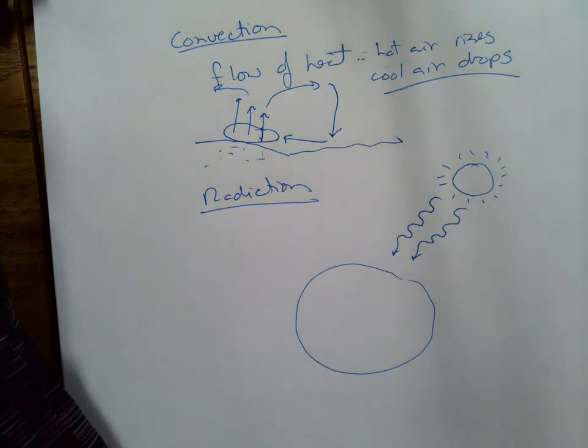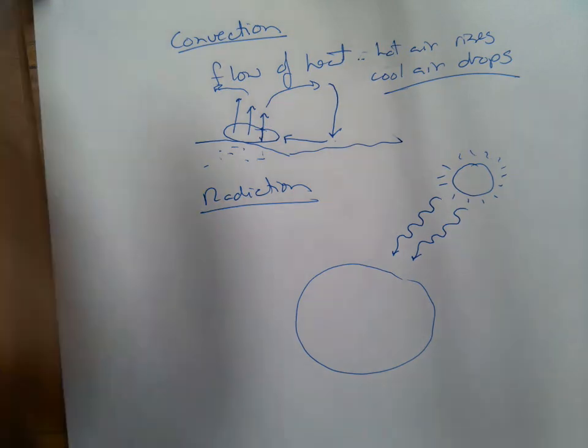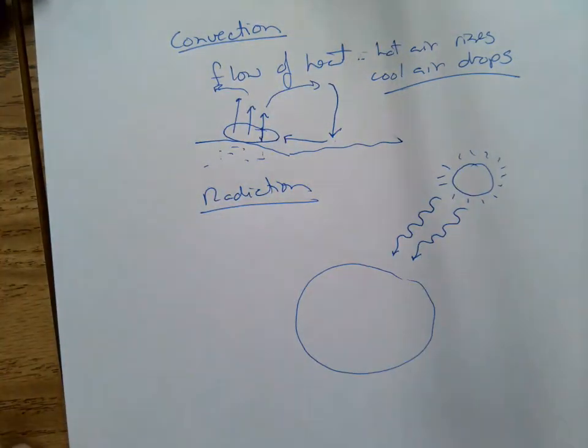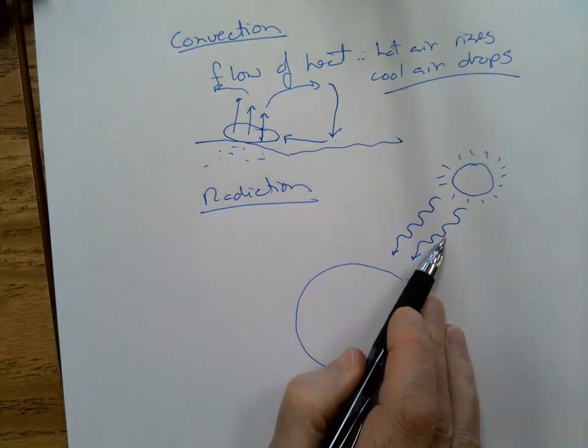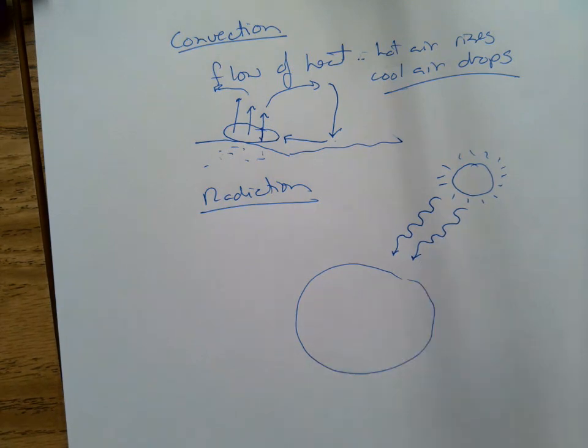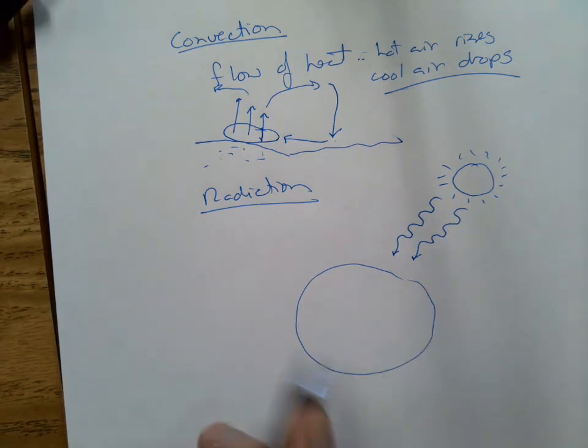Very little of the wave energy is visible light, but Roy G. Biv, red, orange, yellow, green, blue, indigo, violet, are part of this radiation that comes through. So radiation is a form of energy that can travel in the absence of particles, and it literally does travel in waves.